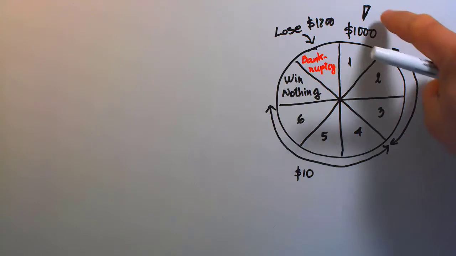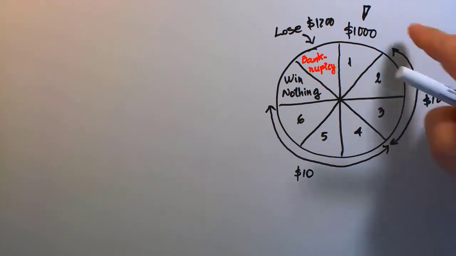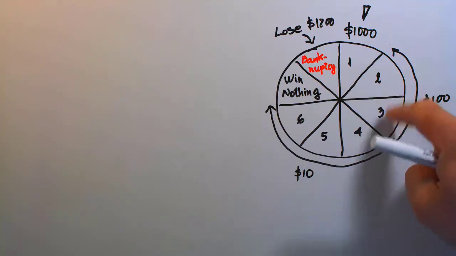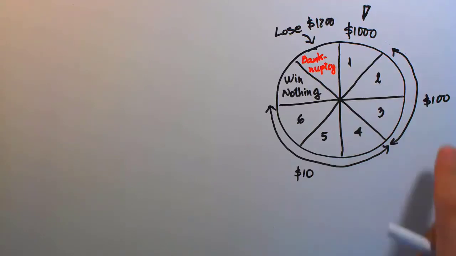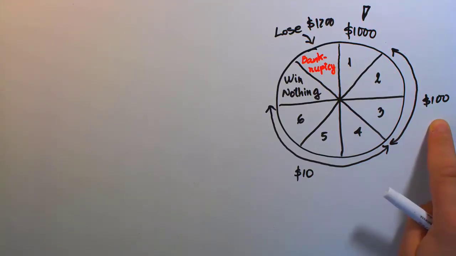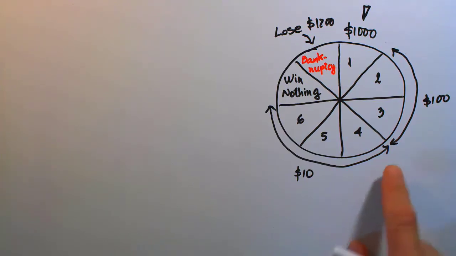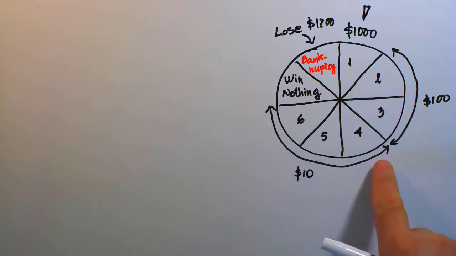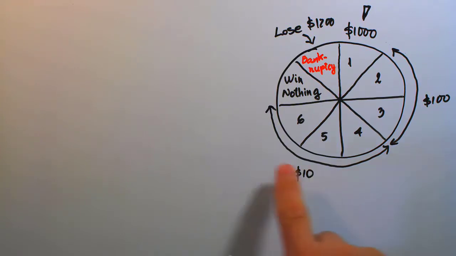If the needle lands at the end of the spin on either one of the 2 labels, 2 or 3, then the winning value of the game is $100. Further, if the needle lands on any of these 3 labels, 4, 5, or 6, then we win $10.